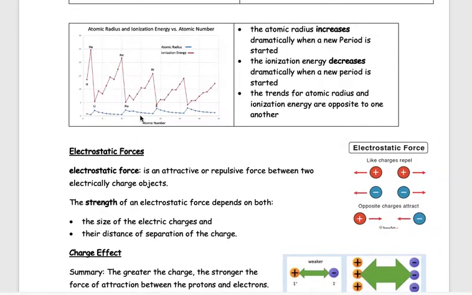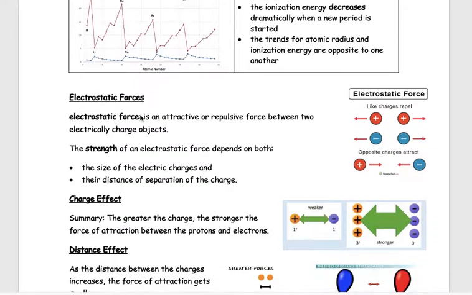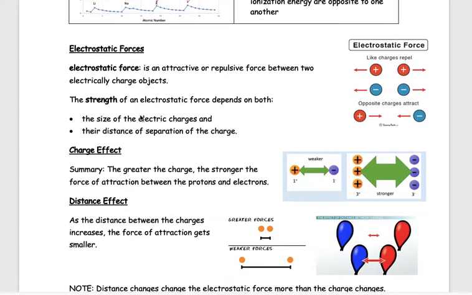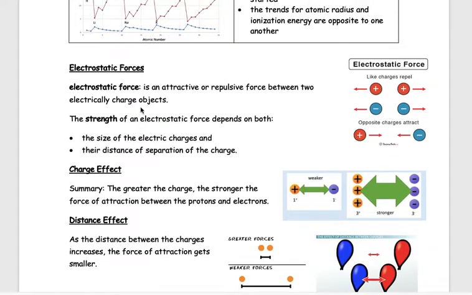In order to study that, we need to go back and look at what electrostatic forces are. In earlier years in science, you learned that when you take a positive and positive, they will repel each other. If negative, negative, they will repel. So the same charges will repel each other, but if they're opposite charges, they will attract.